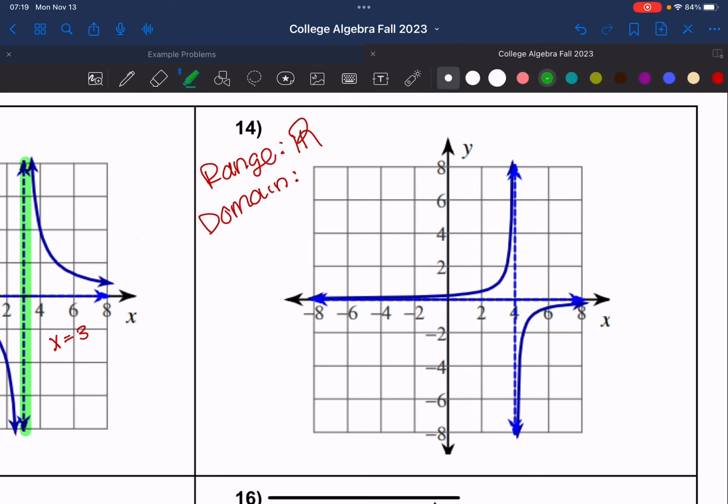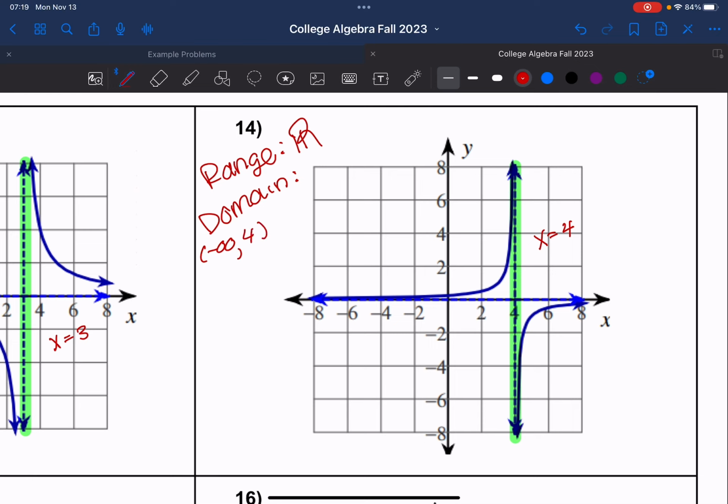Vertical asymptote. And what is this vertical asymptote here? X equals 4. So that means, are we including the 4 or not including the 4? Not including the 4. So when I write this, I always start off with negative infinity. And then I go to the number we are not including, which is 4.